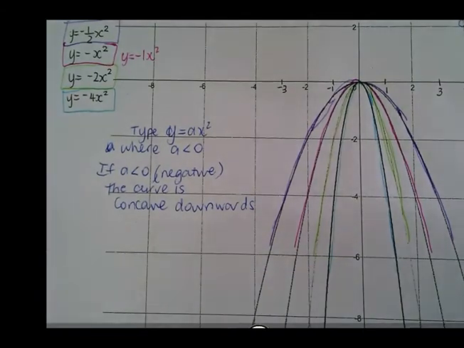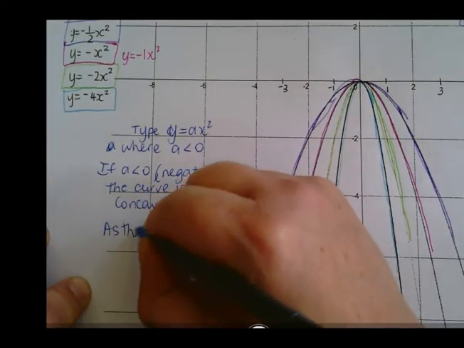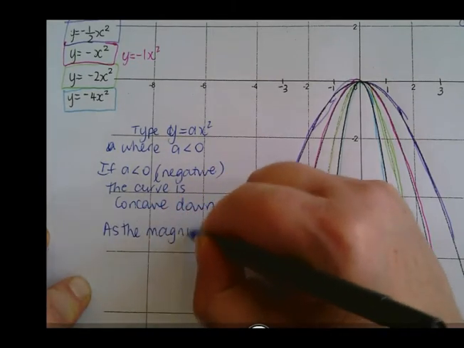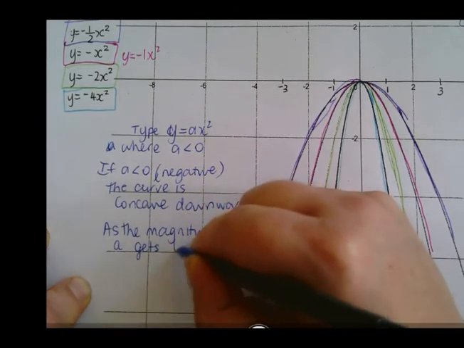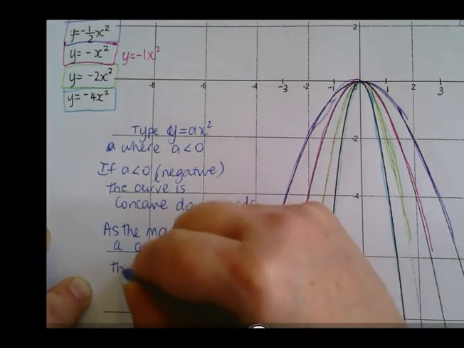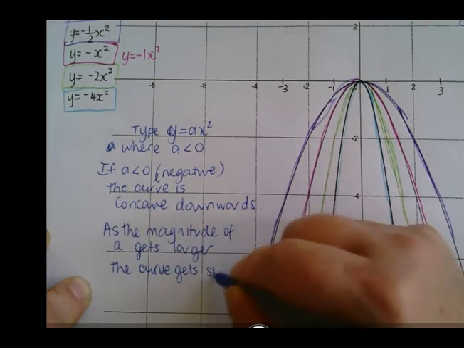The steepness depends on the value of a without the negative. Don't look at the negative. It's called the magnitude of a. So as the magnitude of a gets larger, the curve gets steeper.